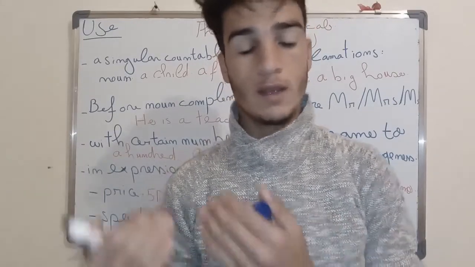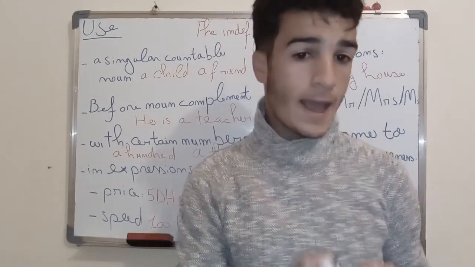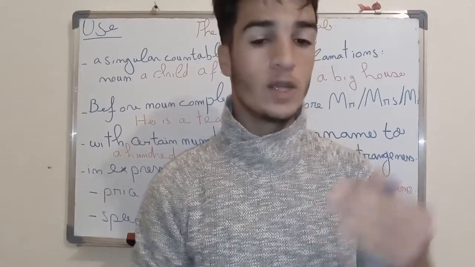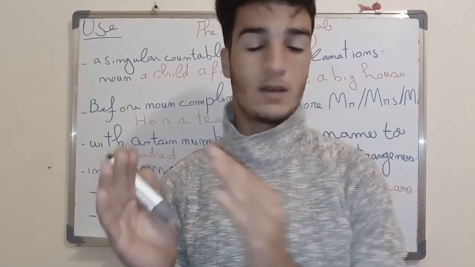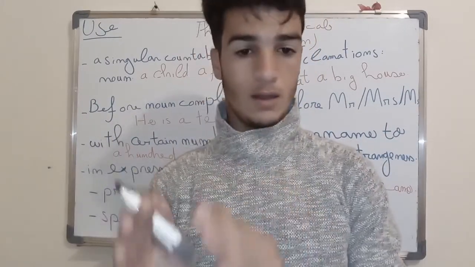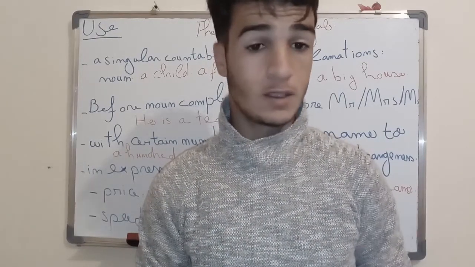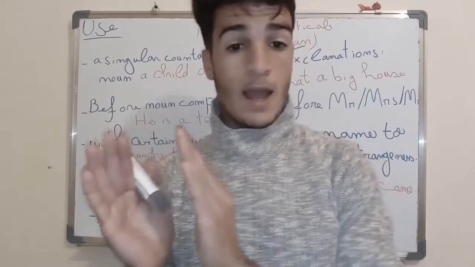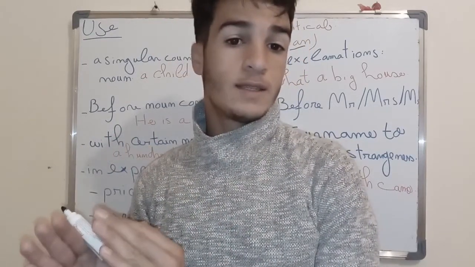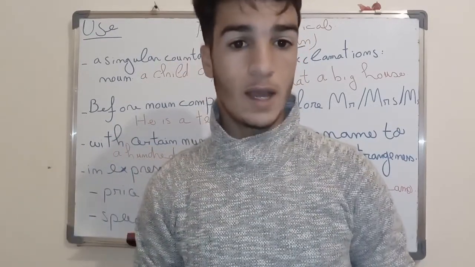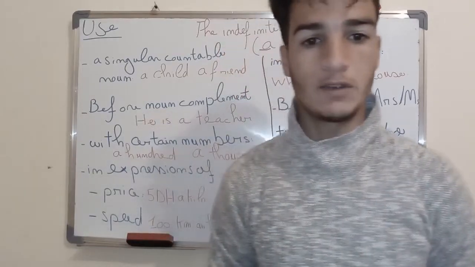In this case, we have a and an. First of all, we use a when we have a consonant sound in the word before which the indefinite article comes. And we use an when we have a vowel sound. I'll give examples at the end of the video.